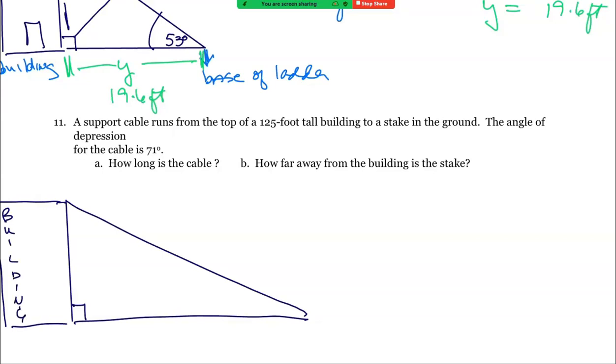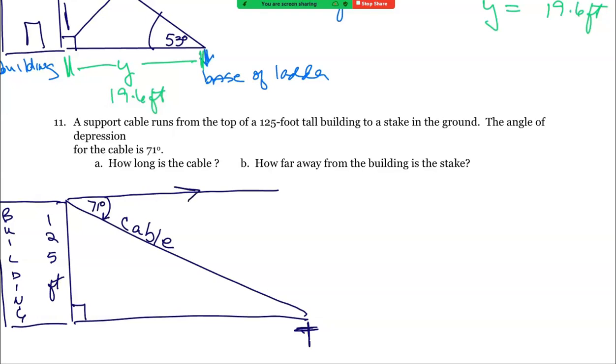And here's the cable. And this building was 125 feet to a stake in the ground. Here is the stake. The angle of depression for the cable is 71 degrees. That means that you are looking out from the top and looking down. This is the angle that's 71 degrees.